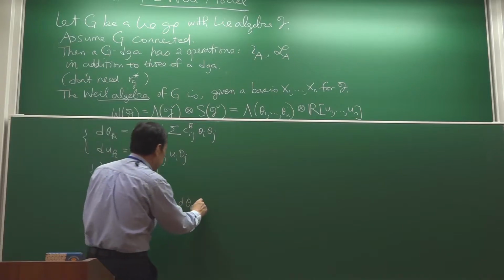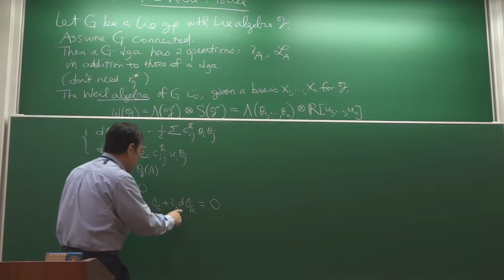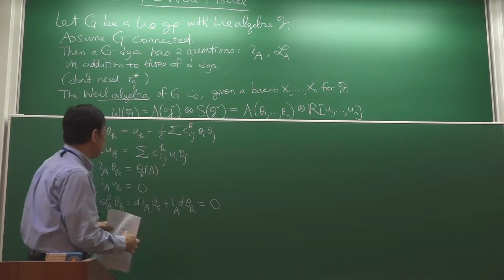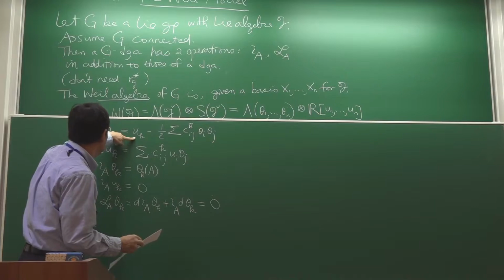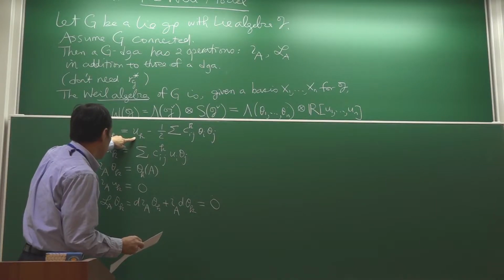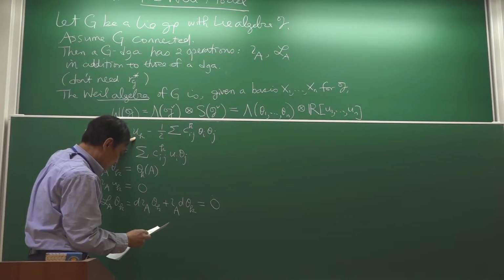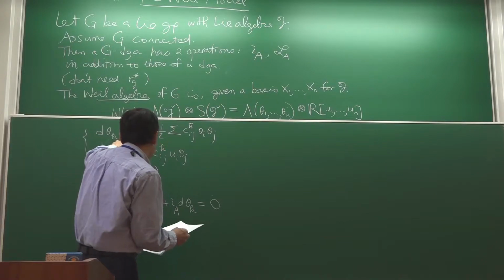So d of it is 0. And then d theta_k, just a minute. Yeah, d theta_k is this. Okay, so this may not be 0.